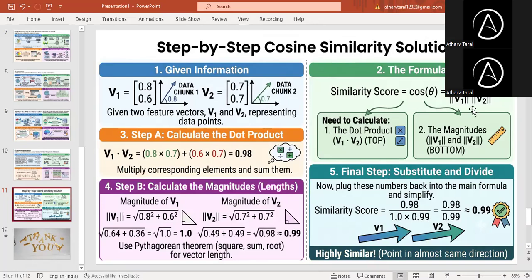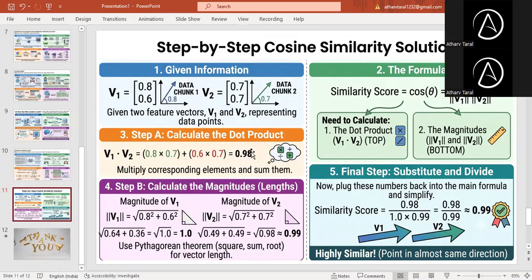So step 3, calculate the dot product first, vector 1 dot vector 2. With vector 1 as A1, A2 and vector 2 as B1, B2, we compute A1 multiplied by B1, which is 0.8 multiplied by 0.7, plus A2 multiplied by B2, which is 0.6 into 0.7.